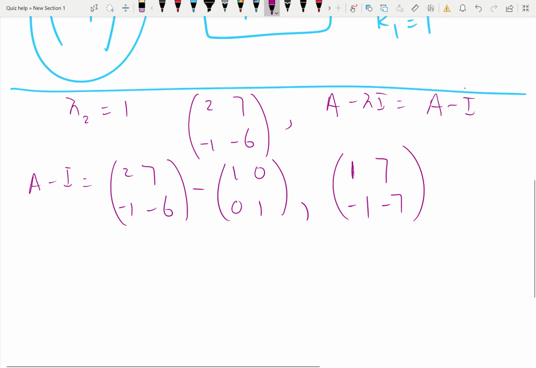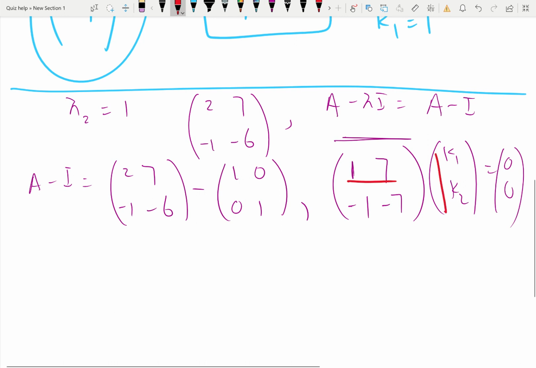Now you have A minus I here, multiplied by k1, k2. You want to find k1 and k2. Let's multiply these rows to get the two equations: k1 plus 7k2 is equal to 0, and negative k1 minus 7k2 is equal to 0.